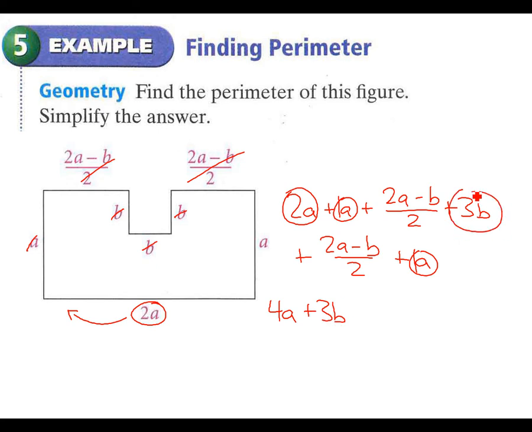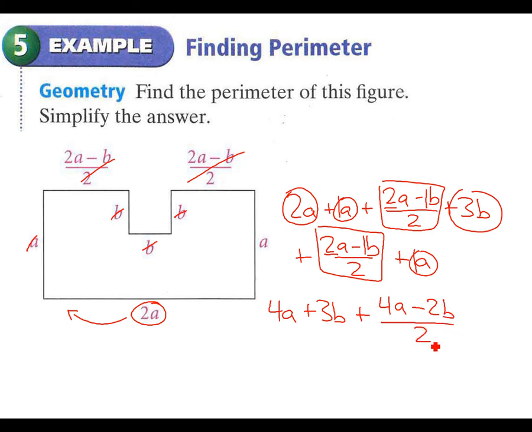And let's just get this plus 3b taken care of over here. And then we've got this big fraction here. So we've got this one plus this one. We need to put it together. So when we're dealing with fractions, let's remember when we add the numerators, keep the denominators the same. So I've got 2a and 2a, that's going to be 4a, minus 1b minus another b, that's minus 2b, all over 2.